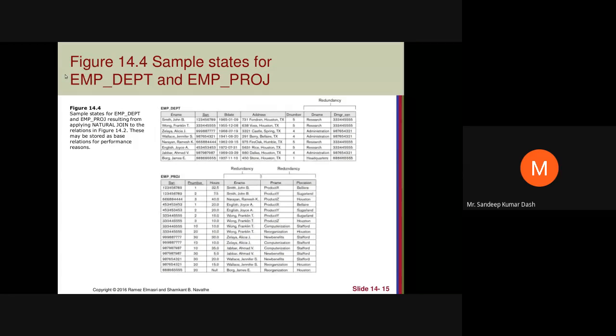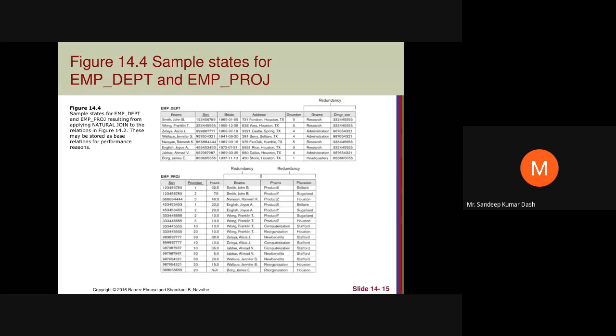So here you see what is getting repeated. As many times as you are storing department number 5, suppose there are 4 employees of department number 5, for those 4 rows you are repeating the information of department name and department manager SSN.